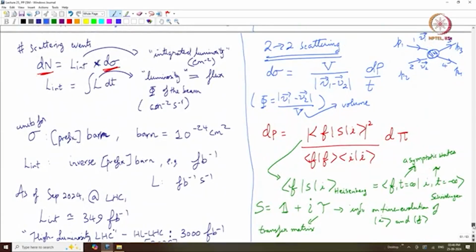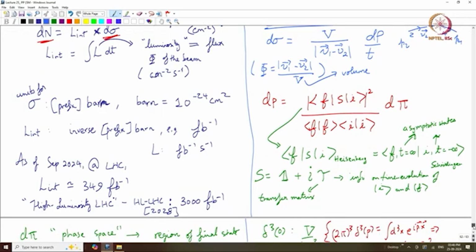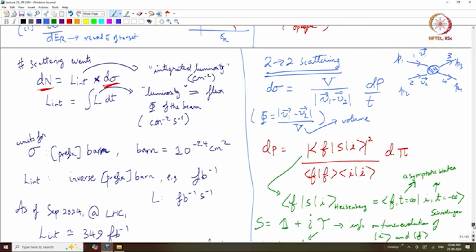And then we came back to 2 to 2 scattering and tried to derive a general expression using QFT notions. First we rewrote the flux as the relative velocity of the two particles divided by the volume over which the scattering is happening, and we spent some time working out what this probability is.